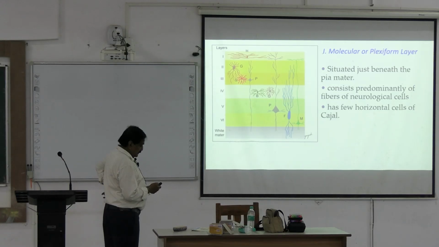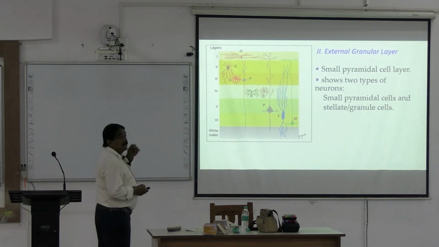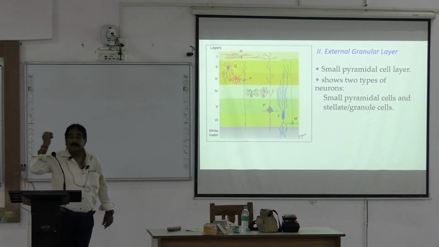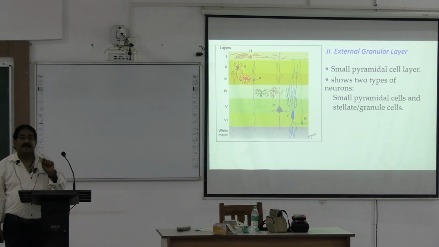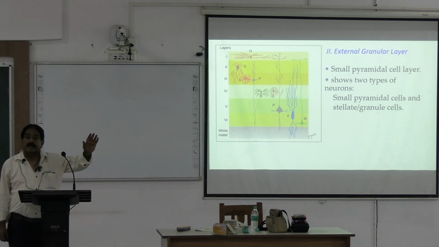Molecular or plexiform layer, just beneath the pia mater, consists predominantly of fibers and neuroglial cells, and has few horizontal cells of Cajal. Cajal, not the Lakme kajal. It's a stain; you will see that picture in the lab.